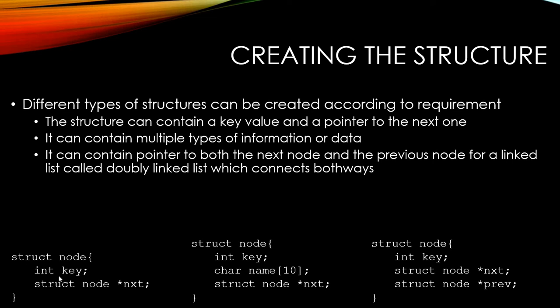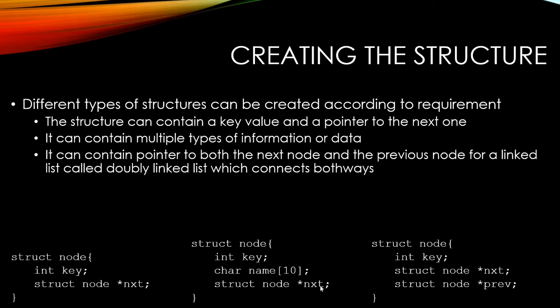So we call it node again, but now it has only two variables. One is an integer key, which is the data that it will contain, and a structure pointer of node type. So it can actually point to another node, and the name of that variable is next. The second example is that it can contain multiple types of information or data.